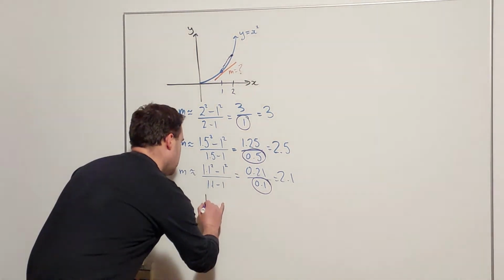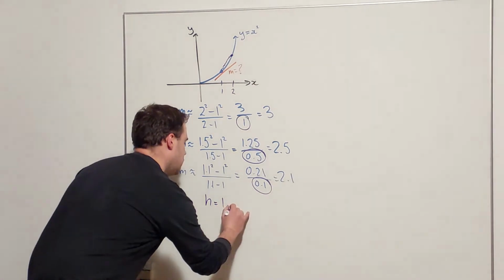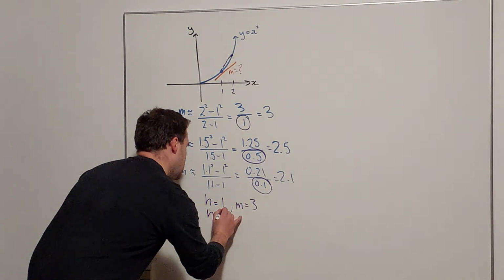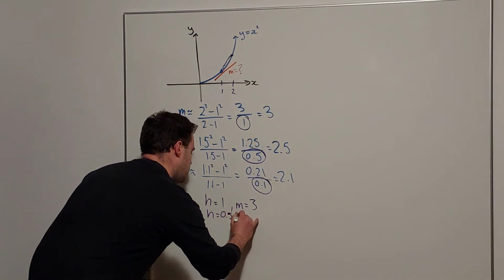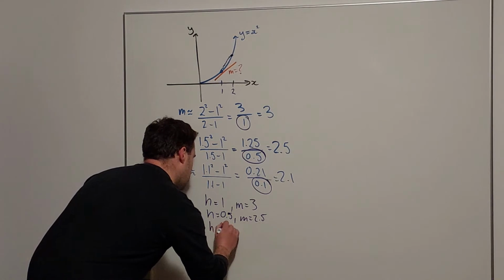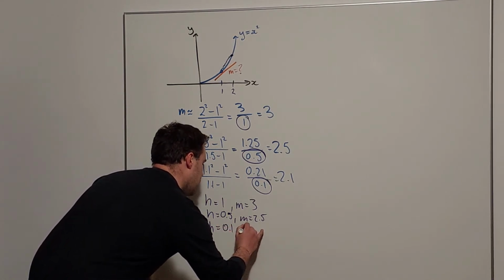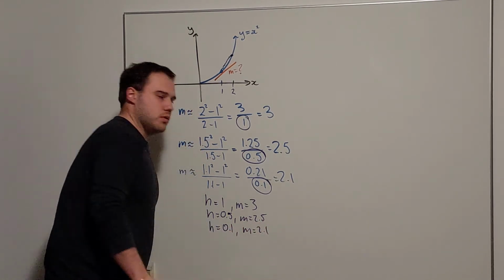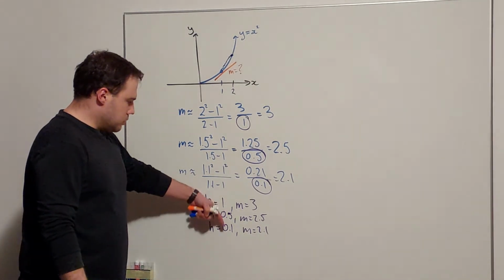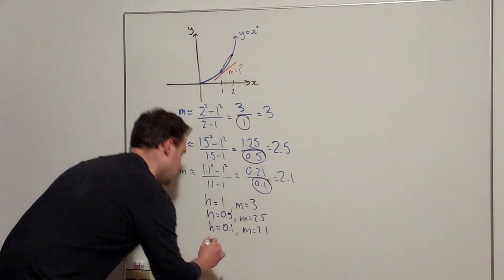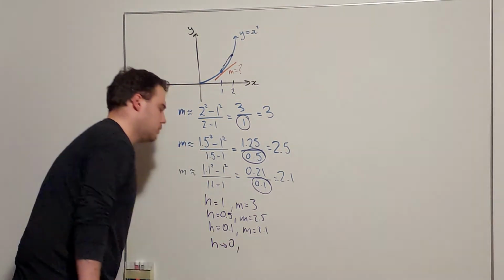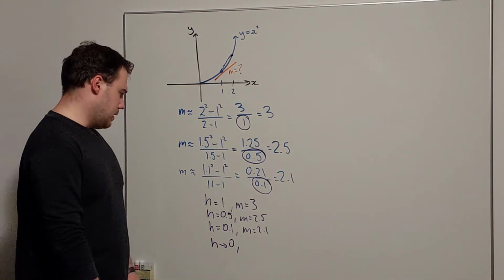Okay. So notice when h equals 1, we get that the gradient equals 3. When h equals 0.5, the gradient was 2.5. When h was 0.1, the gradient was 2.1. So it seems like as h keeps on decreasing and approaching 0, well, what could we say about the gradient?